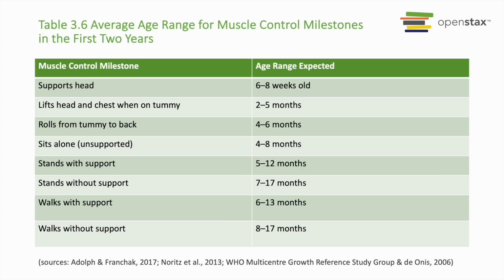First one is supporting the head at 6 to 8 weeks old, lifts head and chest when on tummy at 2 to 5 months, rolls from tummy to back from 4 to 6 months, sits alone and unsupported, usually around 4 to 8 months, stands with support 5 to 12 months, stands without support from 7 to 17 months, walks with support 6 to 13 months, and then finally walking without support from 8 to about 17 months.